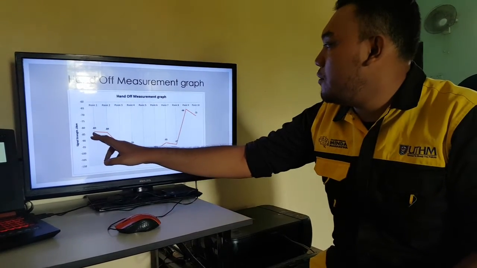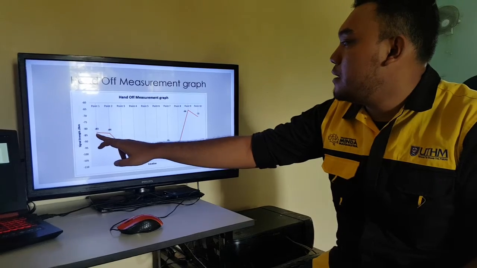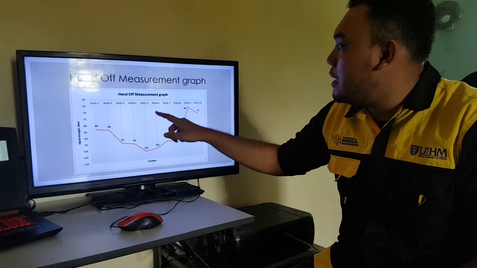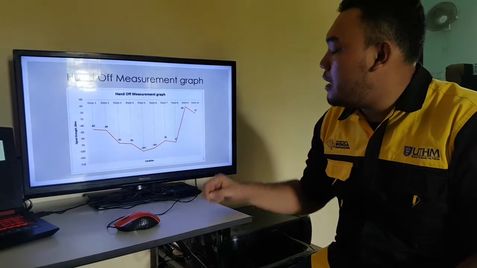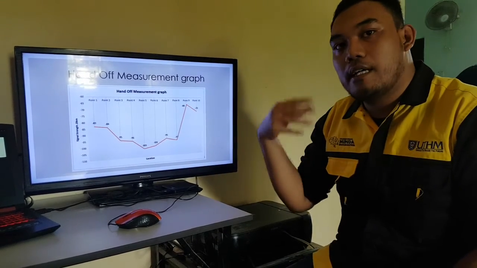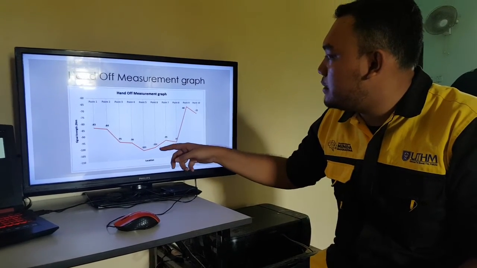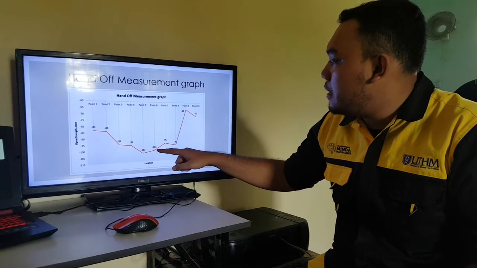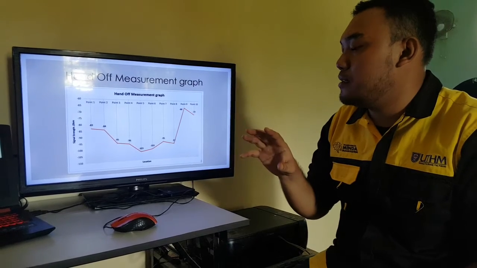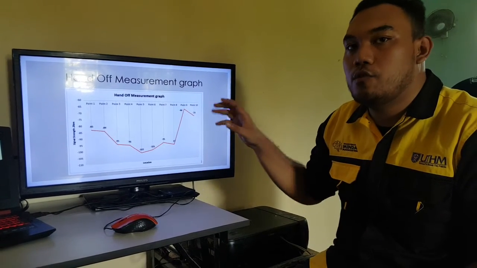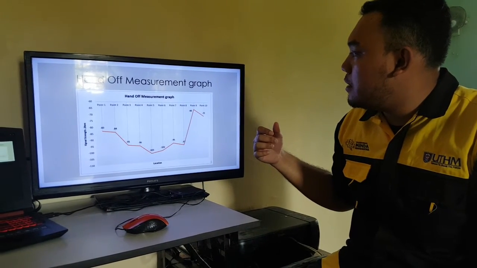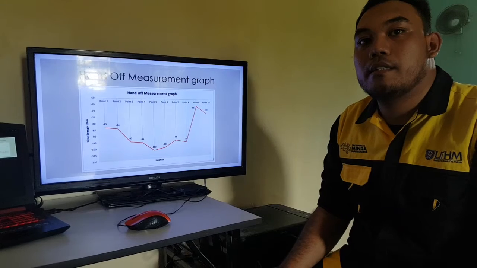From point 1 to point 5, the receiver was far away from the first base station, and when the receiver was near the second base station, from point 6 the signal strength was increasing because the power received was increasing due to the second base station.